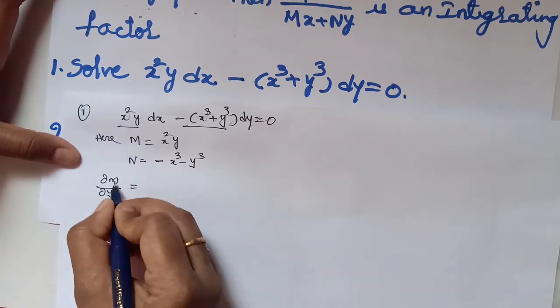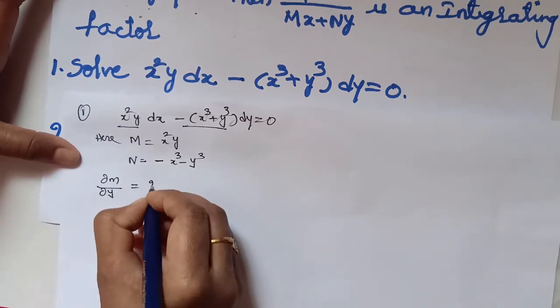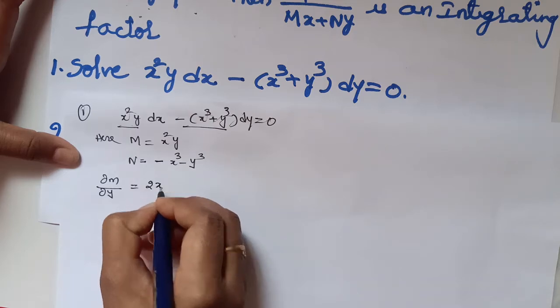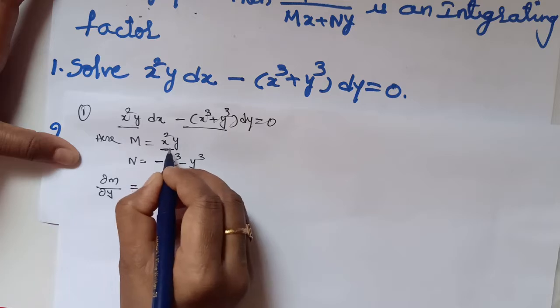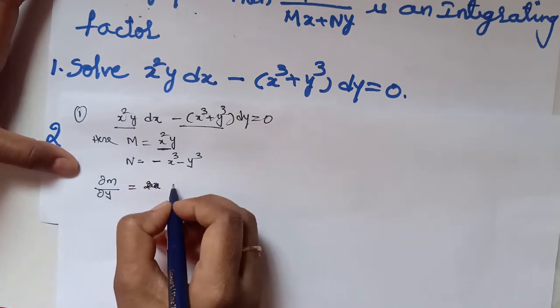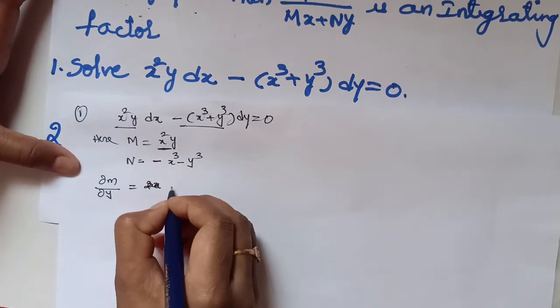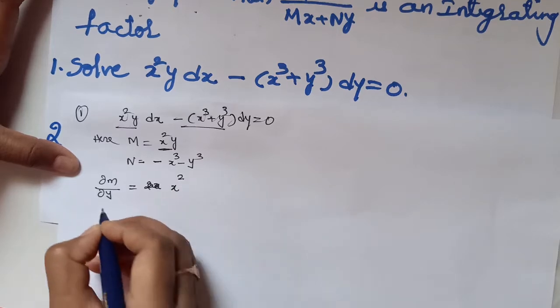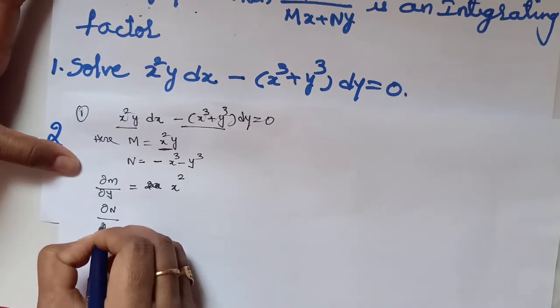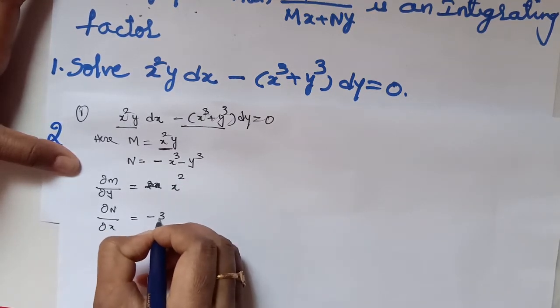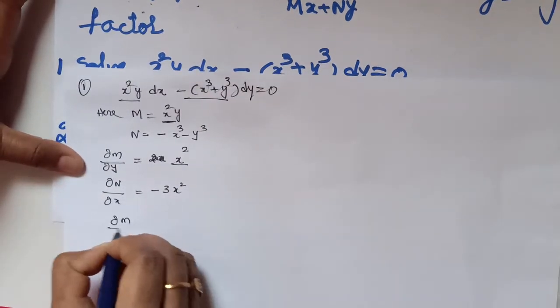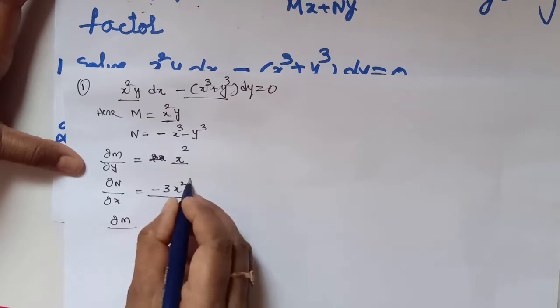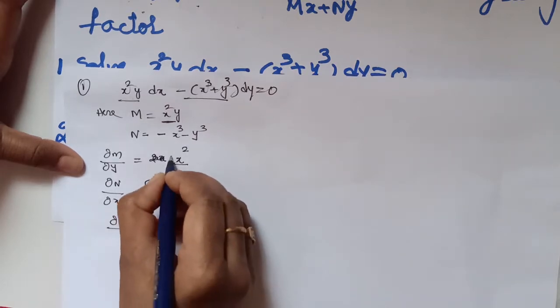∂M/∂y is x square. You have to differentiate this with respect to y. So y differentiation is 1, so you get x square, and ∂N/∂x is minus 3x square. ∂M/∂y is x square and ∂N/∂x is minus 3x square.